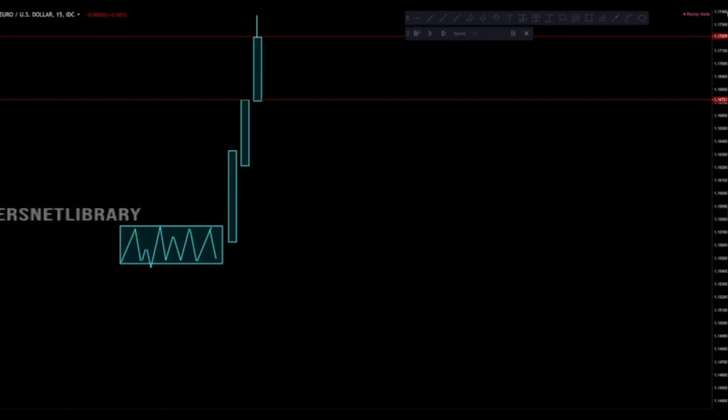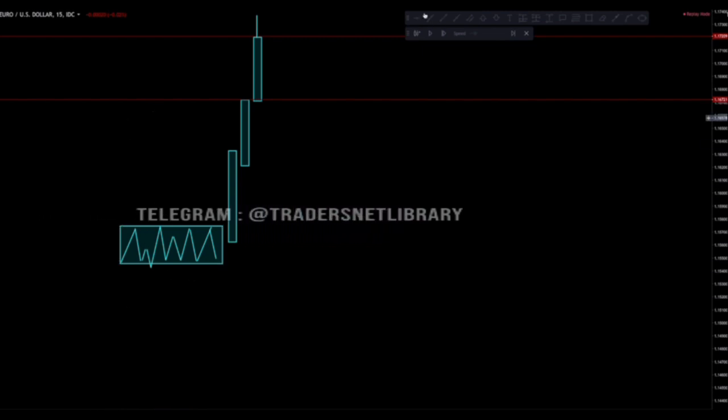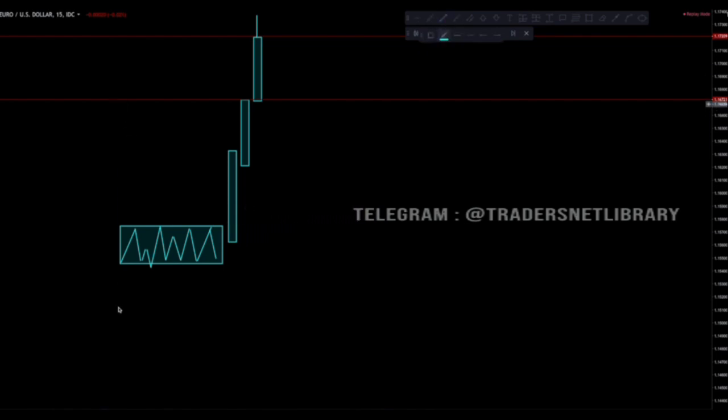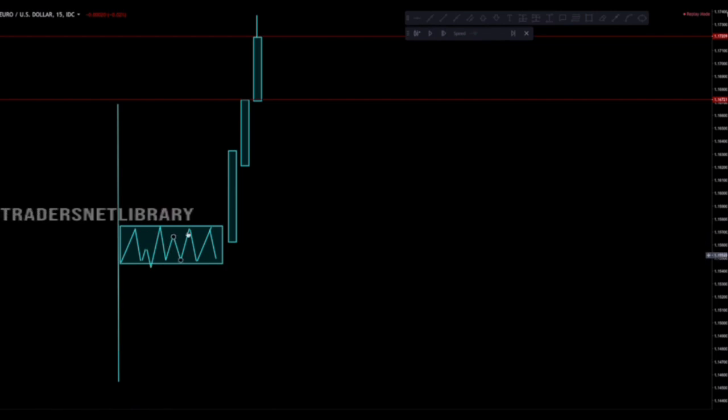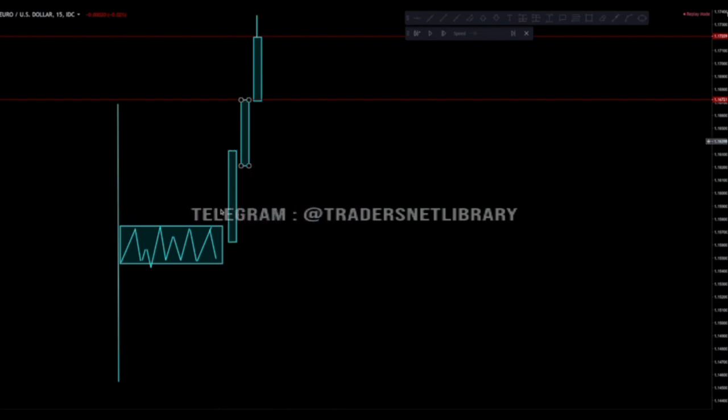So let's start off again with the consolidation box. It's usually the Asian session. You have the Asian session right here starting at the daily close, then a consolidation, and a move at the start of the London session. We get a fake move, as I explained.